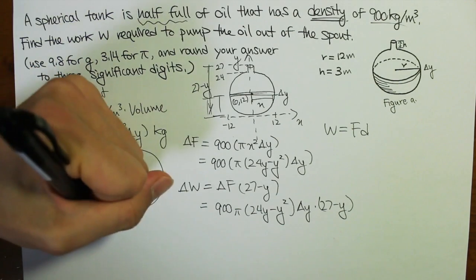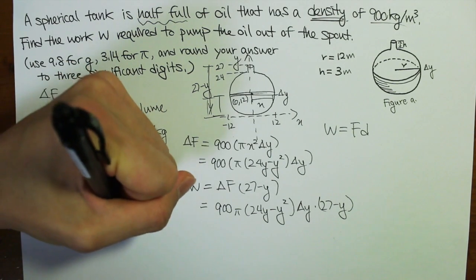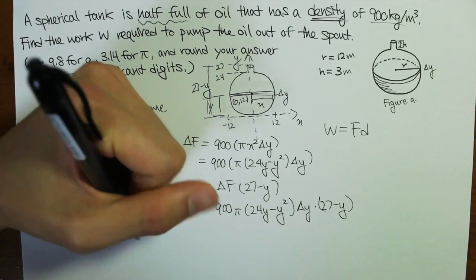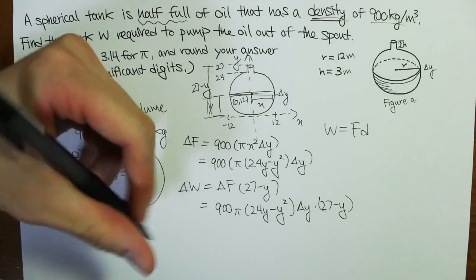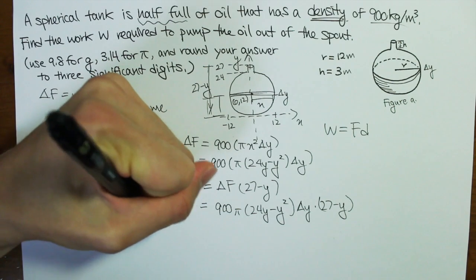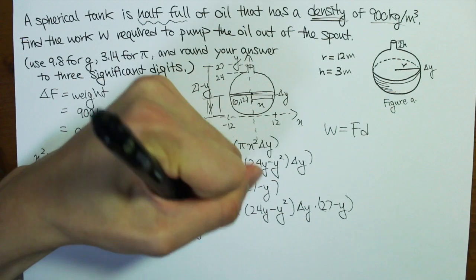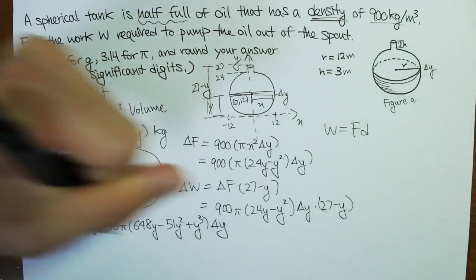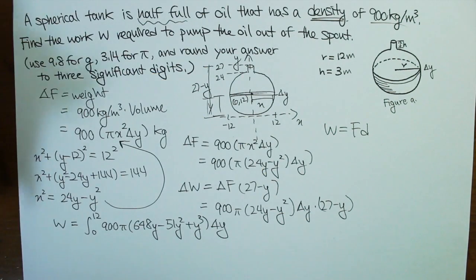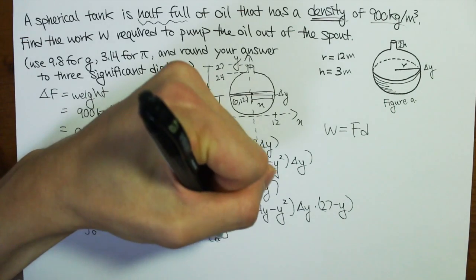We insert this whole change of work function in there, 900 pi, and expand it into 648y minus 51y squared plus y cubed, dy, since delta y becomes dy in an integration.